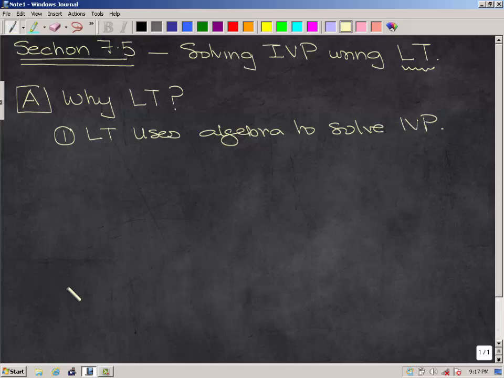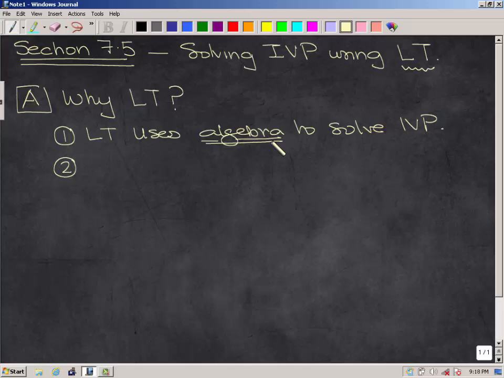The reason for that is that all the calculus we would have needed to solve the initial value problem, we already took care of in sections 7.2, 7.3, and 7.4. So now we're just going to use straight up algebra to solve the initial value problem, and I'll explain that. The reason this is important is that algebra is always easier to work with than calculus.